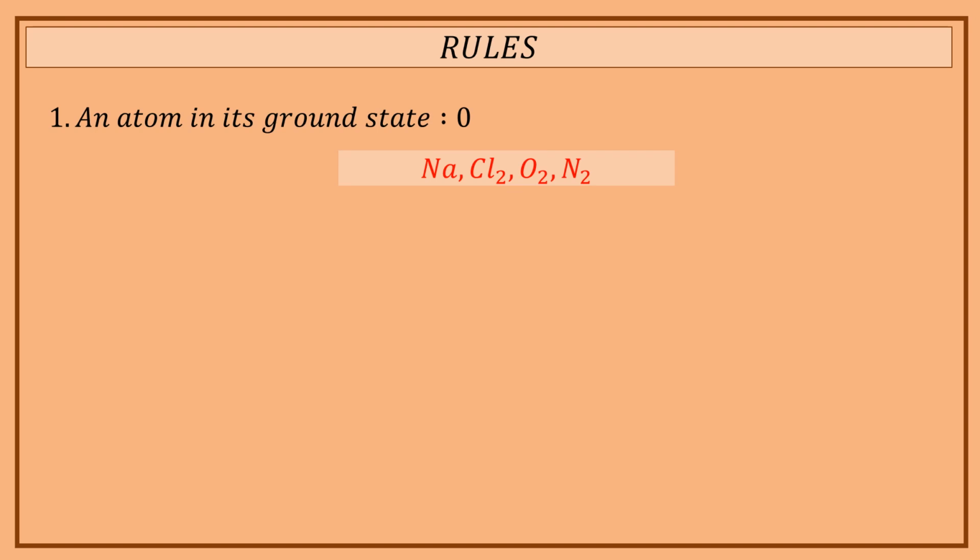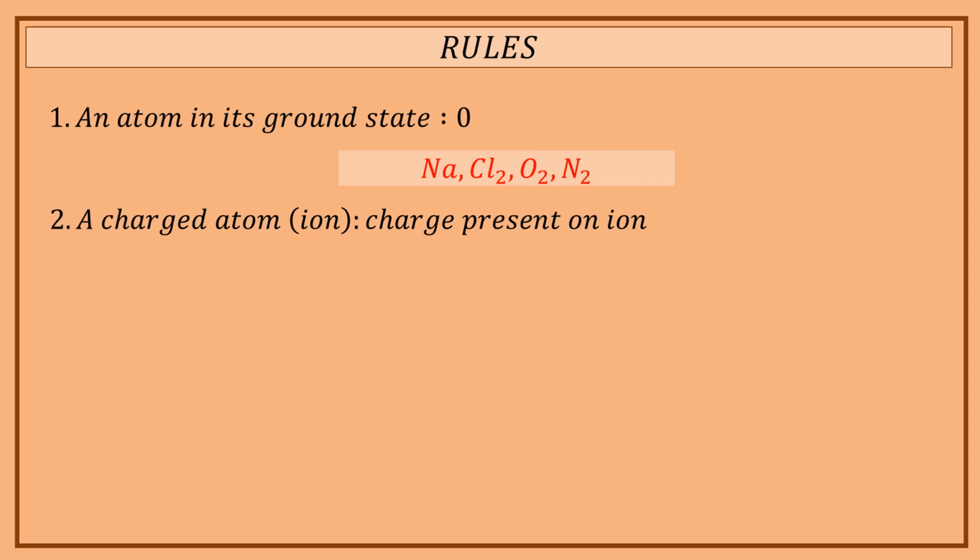Ground state means that it should not be combined with any other atom; it is on its own. If such is the case, we will assign it an oxidation number of 0.